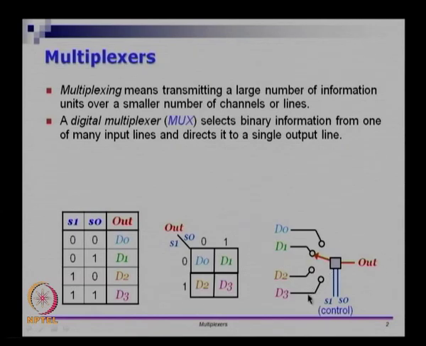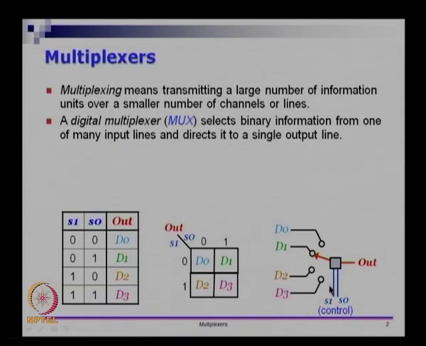If you want the other inputs to be connected, you have to change the control to something else. So in this example, if S1 is on and S0 is on, let us assume that this switch will switch to D3, which means the output will start tracking D3. If S1 is 1 and if S0 is 0, then output will start tracking D2. The switch will come to this position and output will start tracking D2 and so on.